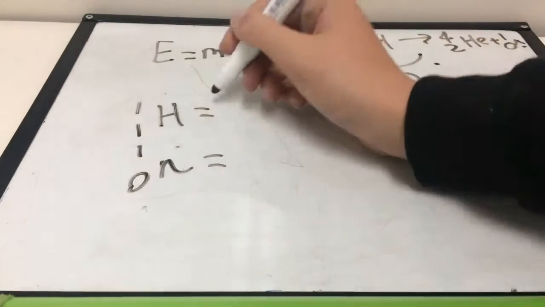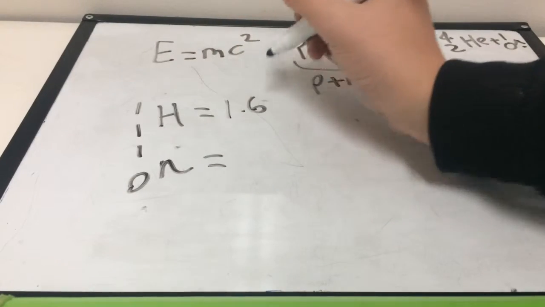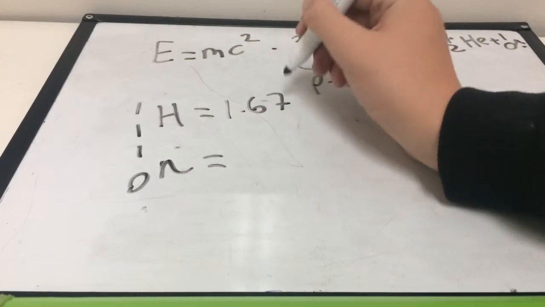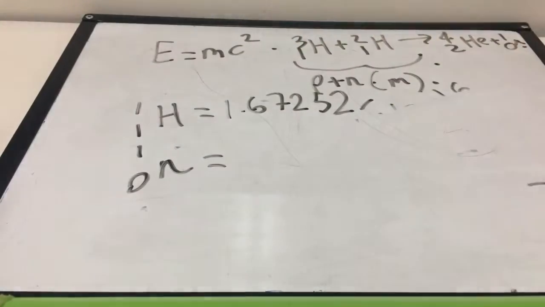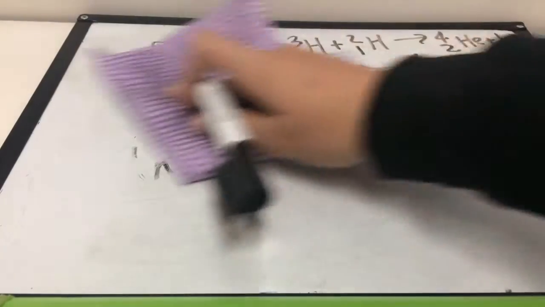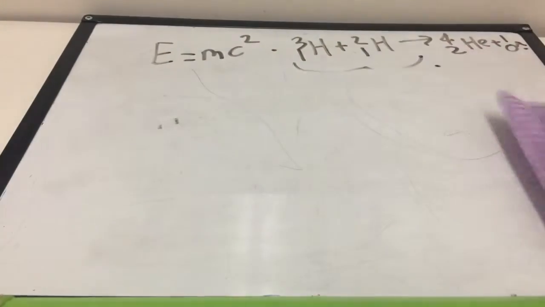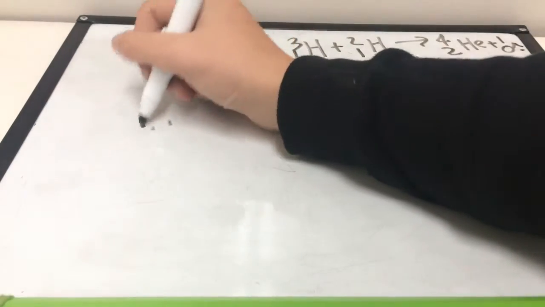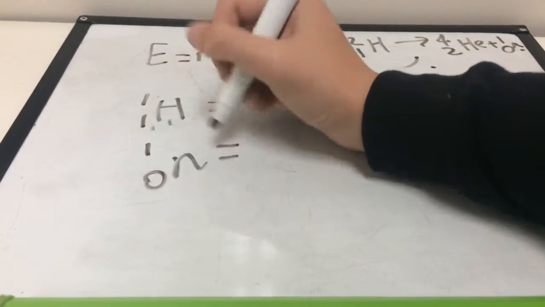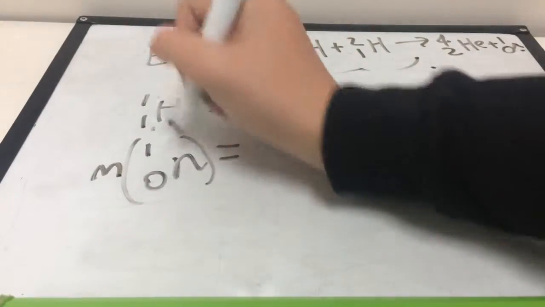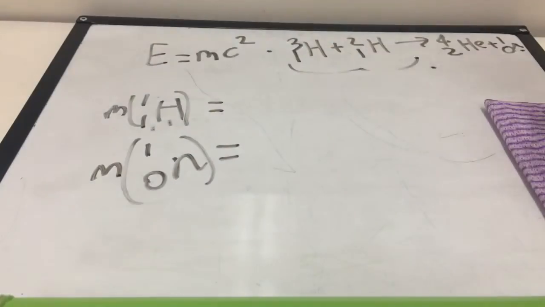So the mass of a proton is 1.67252. This is the actual equation we'll be calculating, by the way, but I just need some room. I'm assuming you both got the two numbers before: the mass of a neutron and the mass of a proton.